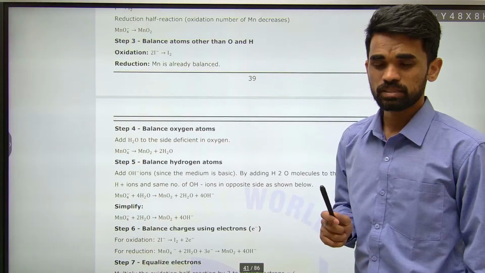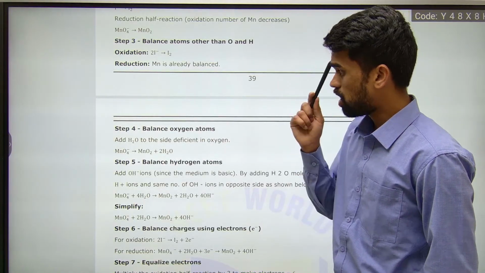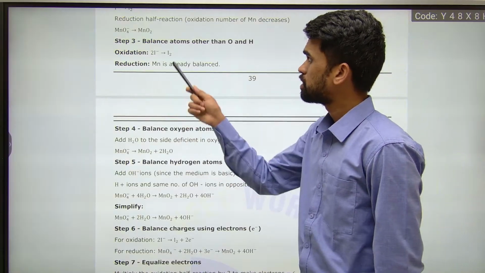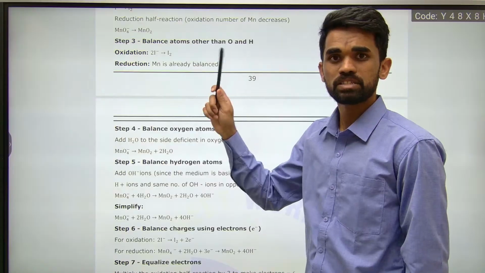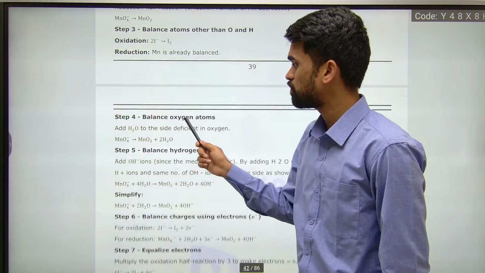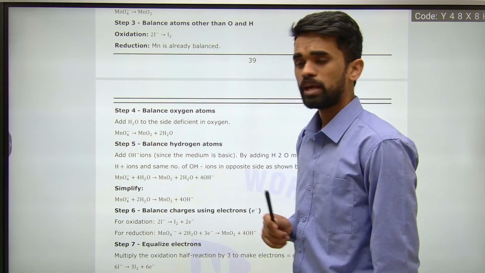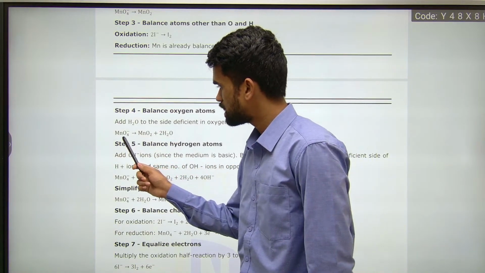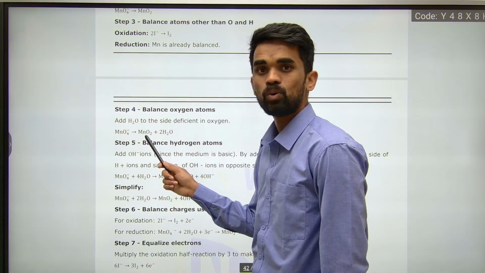Balance oxygens. Just check whether oxygens are balanced or not. See, in the oxidation half no oxygen atoms are involved, but in the reduction half we have. So MnO4 minus converting into MnO2. If you see the reactant side, there are 4 oxygen atoms, but the product side only 2. Now what to do?